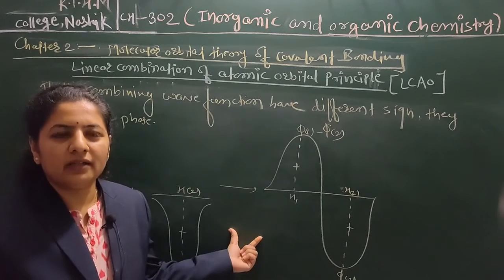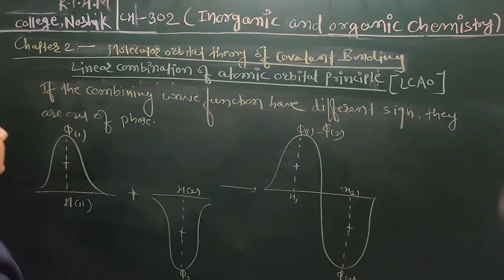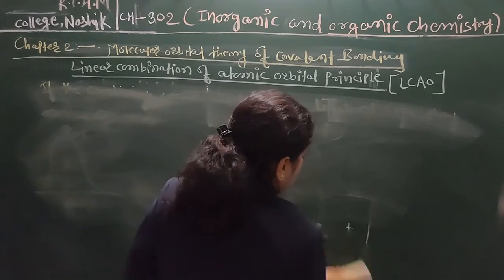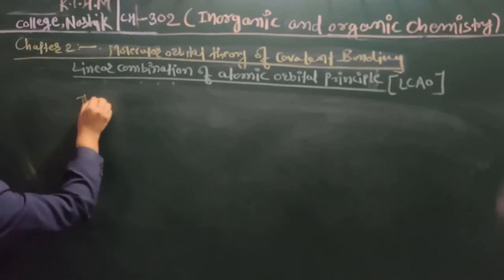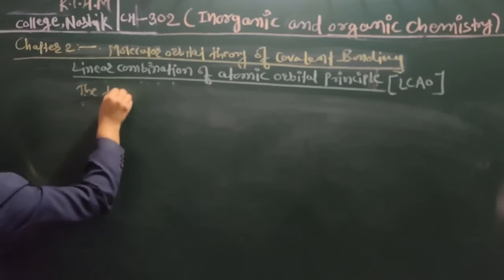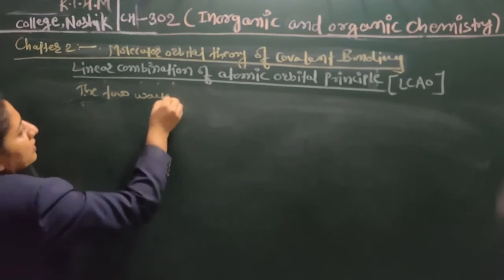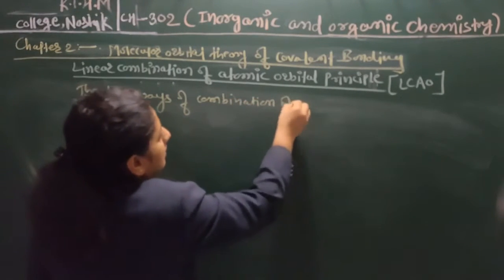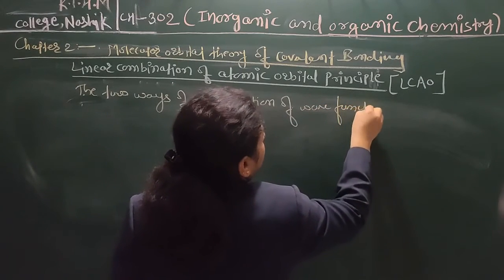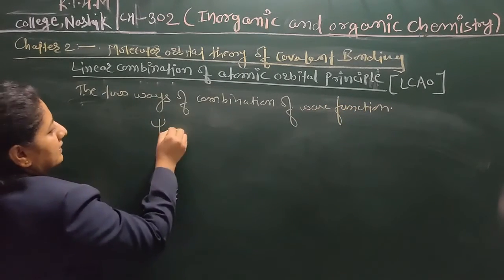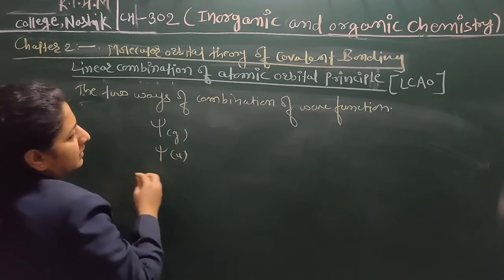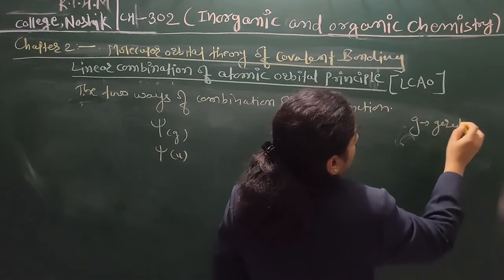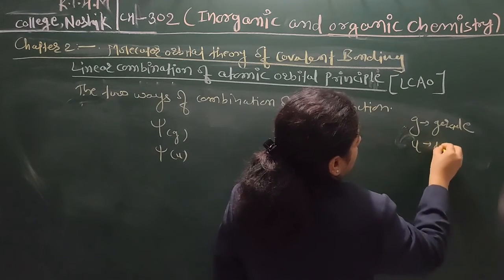Now let's discuss the MOT in terms of gerade and ungerade. The two ways of combination of wave functions give psi gerade and psi ungerade, where g is for gerade and u is for ungerade.